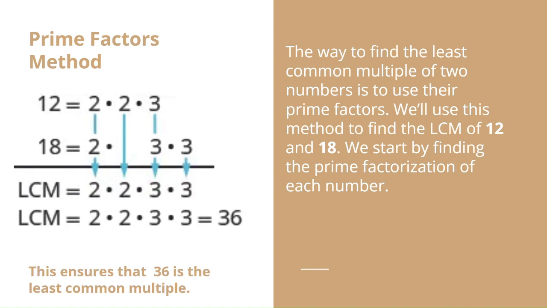So the LCM of 12 and 18 will be 2 times 2 times 3 times 3, which is 36. So using the prime factor method, this shows that 36 is the least common multiple of 12 and 18. It's basically the smallest number that has both 12 and 18 as factors.